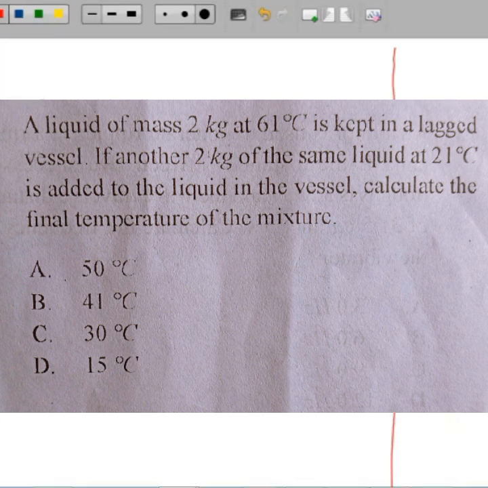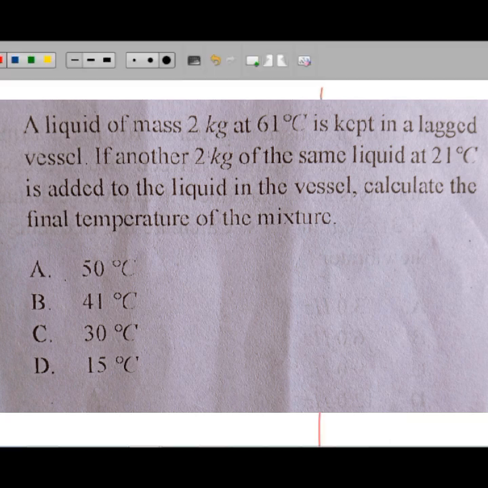Okay, now from the question, you would notice that one liquid was added into another liquid. Now, the principle that plays in there, according to the movement of heat, is that heat moves from a higher temperature to a lower temperature. All right.